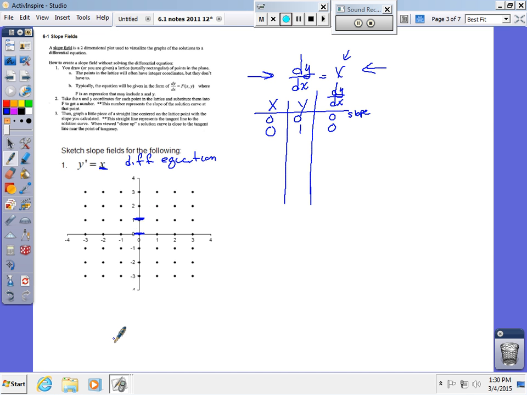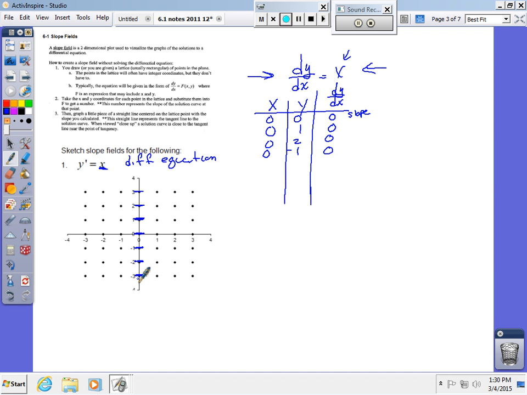Anything I choose, like 0, 2 or 0, -1, anything with x equal to 0, my slope is going to be 0. So I can just go right along the y-axis and put a slope of 0 for every single one of these points. Hopefully you can see this can get a little bit tedious, because look at all the points I have to choose to sketch this slope field.